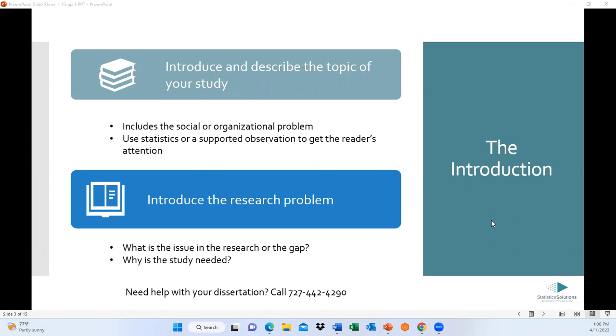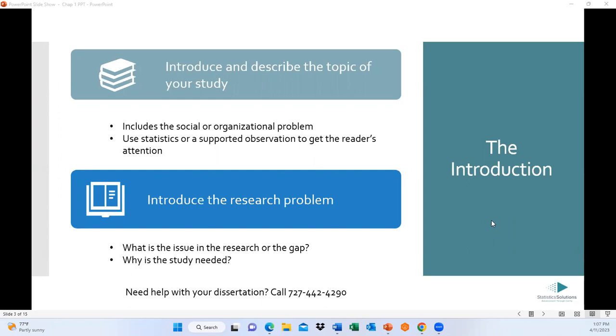So what you want to do is, usually studies proceed from some kind of problem, right? I mean, that's kind of the reason for doing them. If everything's okay, you don't need to study something, right? So usually studies stem from some kind of organizational problem or some kind of social problem.